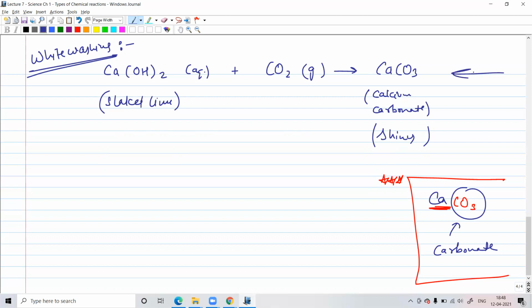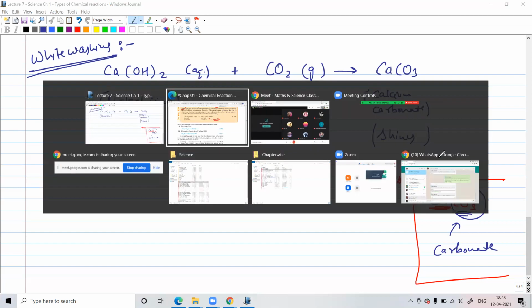Remember this part, CO3, is called carbonate. Wherever you see CO3, you should think of carbonate. You'll understand why I am saying this when we go through more examples of reactions. So combination reaction is clear to everyone.